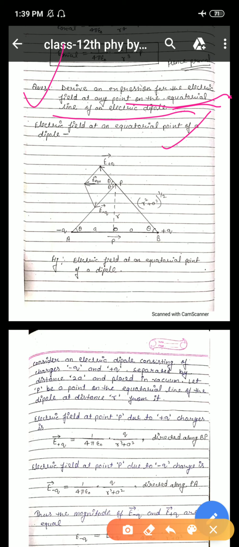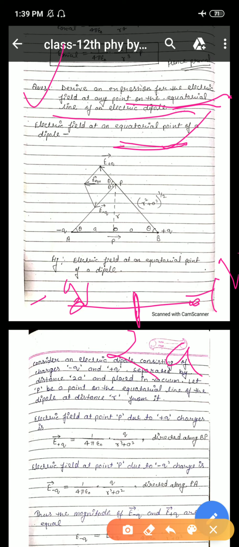So first of all, we have to know about equatorial point. What do you mean by equatorial point? Is it clear? So let's see. Suppose this one is the dipole. Suppose this one is the minus q, this one is the plus q, and this one is the distance between them, and this one is the center, origin.